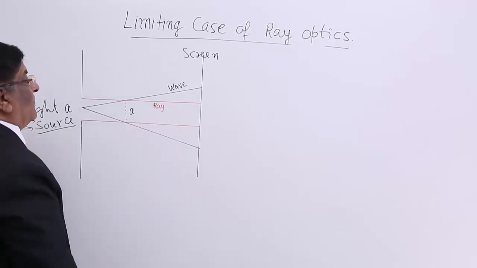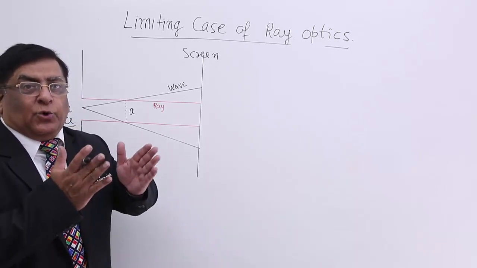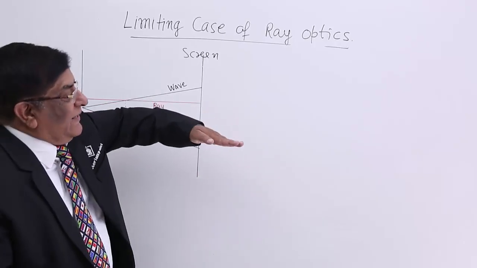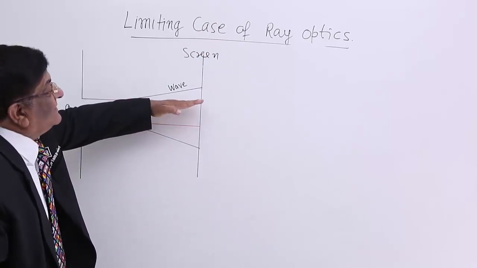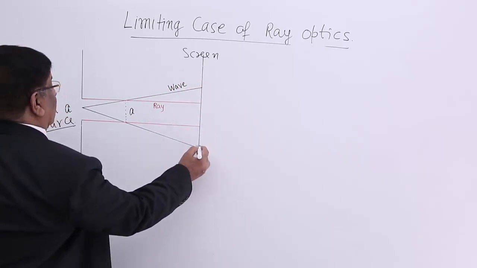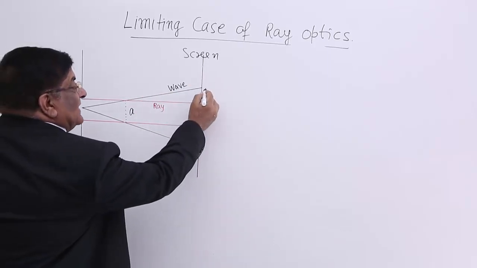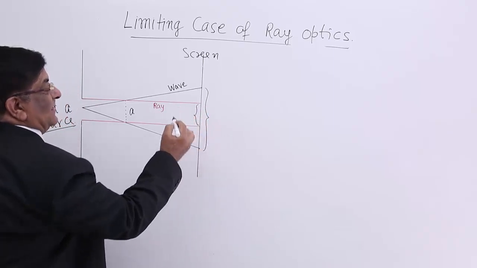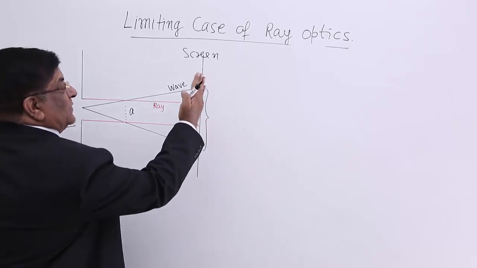Now, in the wave optics, we have seen that the opening grows bigger because the first dark is always above the central point. So, the first dark is here, the first dark is here. So, this opening has become this much. Now, should I take this as image or should I take this as image? Now, I bring a paper and put it here.